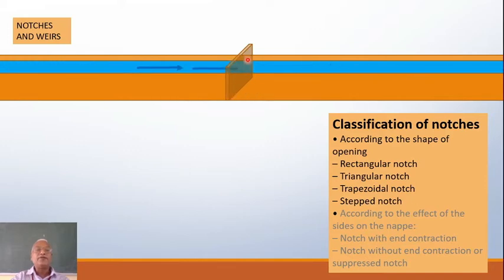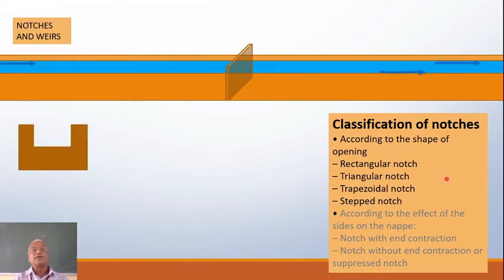If we cut different shapes into this, they make what are known as notches. We'll see them, right? So this is the same plate, and then we have made a cut in the shape of a rectangle, so it becomes a rectangular notch. If I cut a shape of V or triangle over here, right, it will become a triangular notch or V notch.